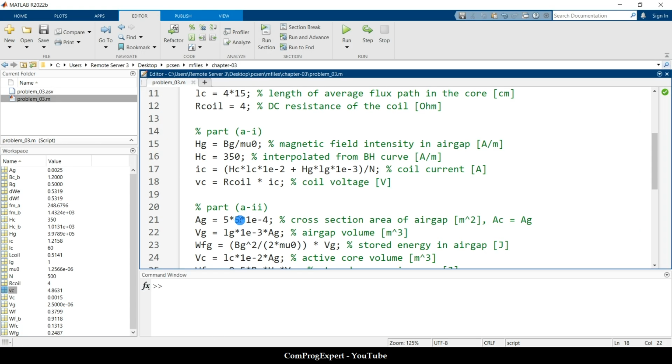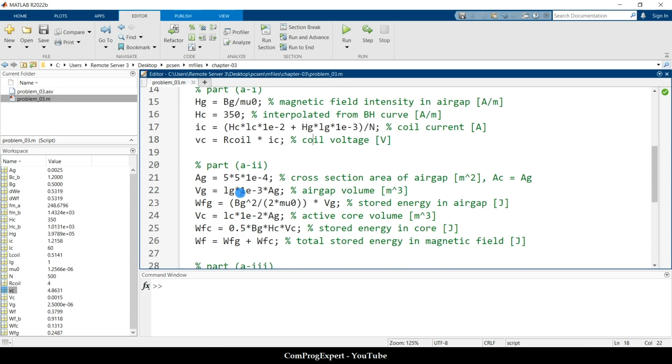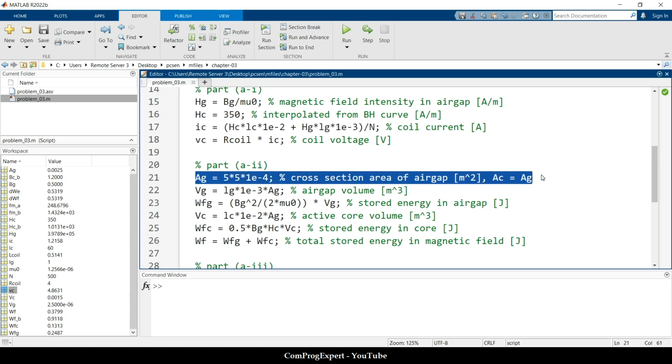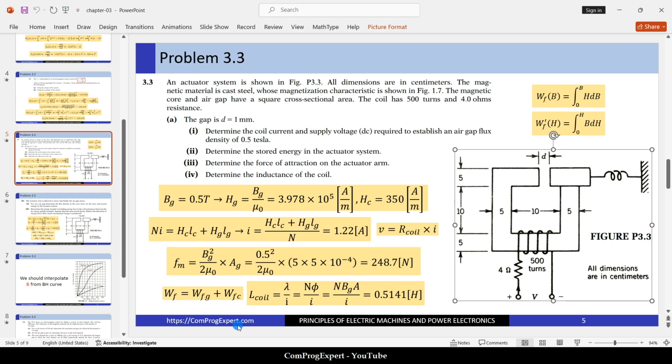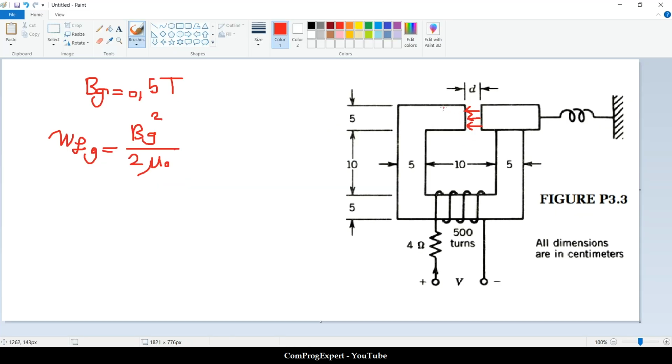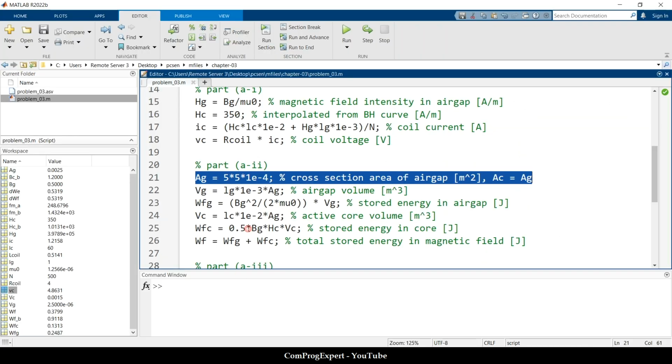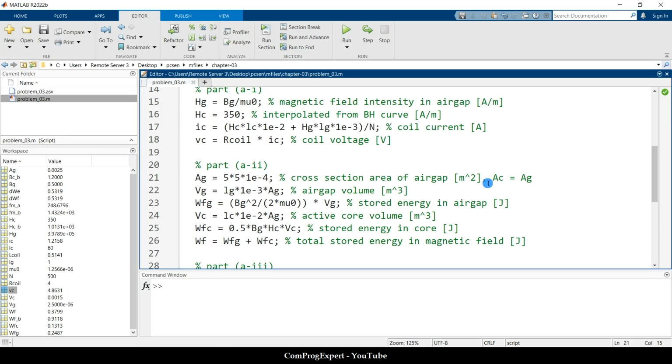Okay, so here we have the cross-section area of the air gap, that is 5 times the depth of the problem. 5 times 5 times 1e minus 4 to calculate the cross-section area in meter squared.